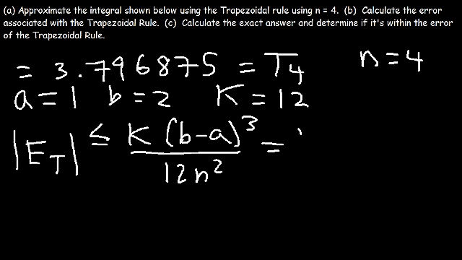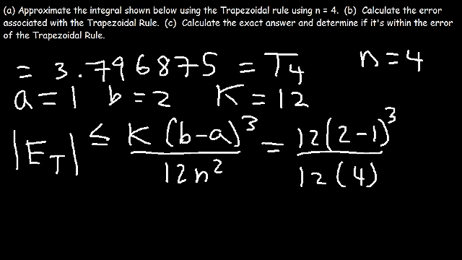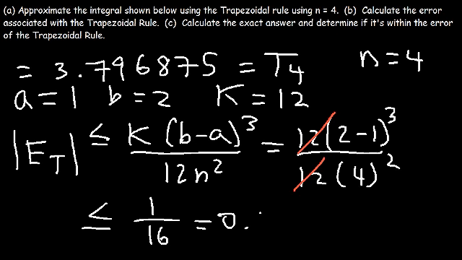So k is 12, b is 2, a is 1, divided by 12 times n squared, or 4 squared. 12 divided by 12 is 1, so those cancel. 2 minus 1 is 1, 1 to the third power is 1, and 4 squared is 16. Now, 1 divided by 16 as a decimal is 0.0625.